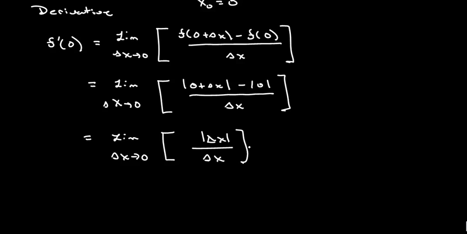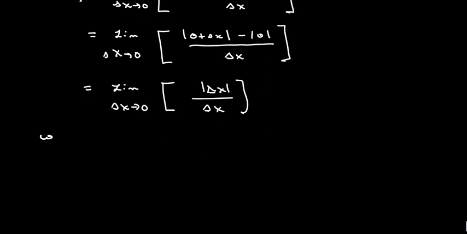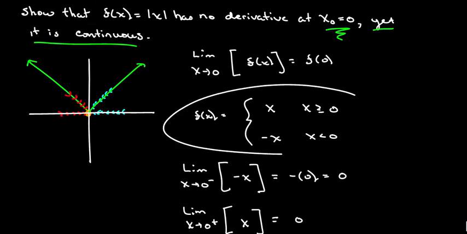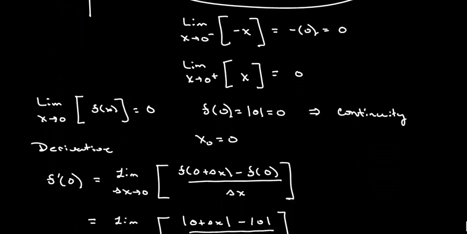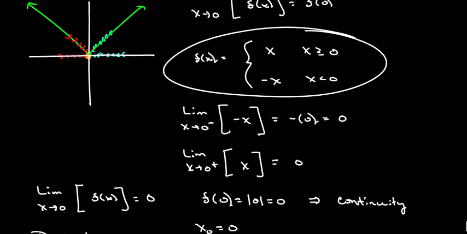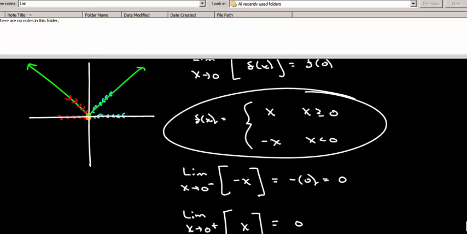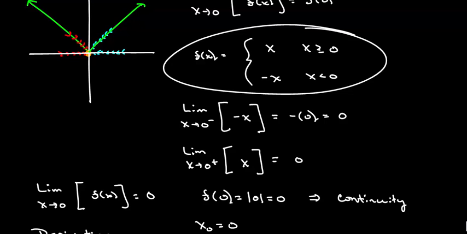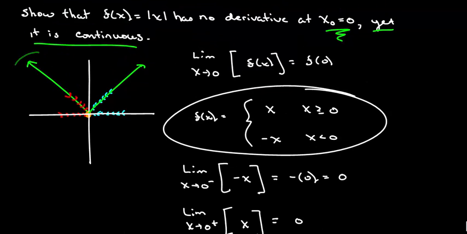Now here's the problem. When x is negative, then the absolute value of x is equal to negative x. That is by the definition of absolute value. So when x is less than 0, when we're coming in over on this side, what's the slope of the tangent line?